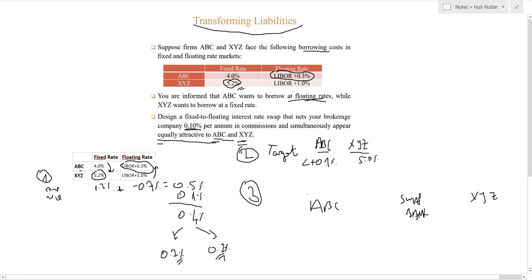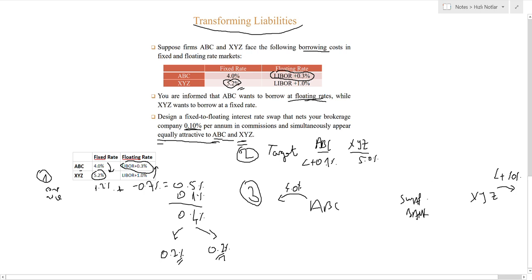Therefore, the direction of the arrows will be different compared to our previous question, but the logic will be the same. To design a swap, our first arrow indicates the opposite strategy. ABC company wants floating rate, but for this arrow I write the 4% fixed rate. For XYZ company, I will write LIBOR plus 1.0.